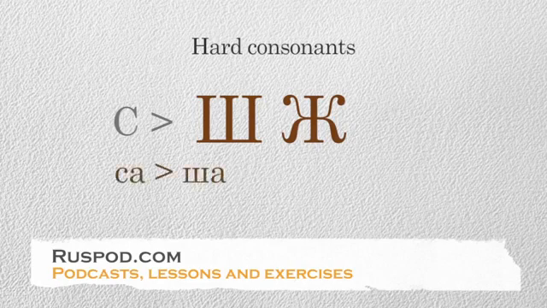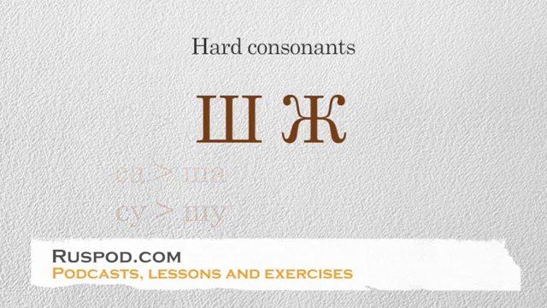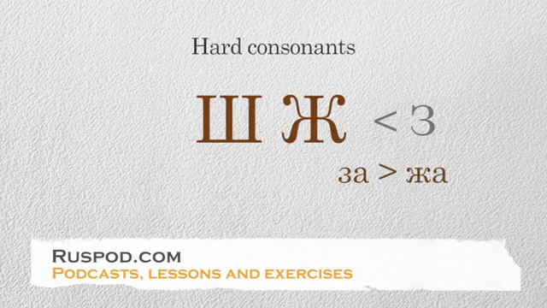So the first one is sa, and then the same thing with the tongue back is sha. Sa, sha. Su, shu. A similar exercise can be used to practice the sound ж. You start with z and then move your tongue a little to the back. You end up with the sound ж. За, жа, or zu, zhu.